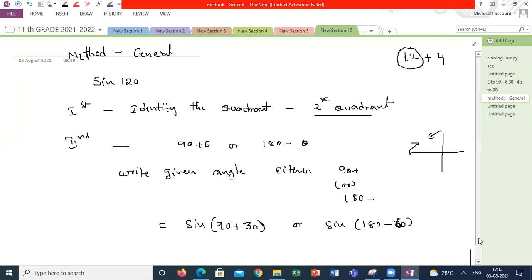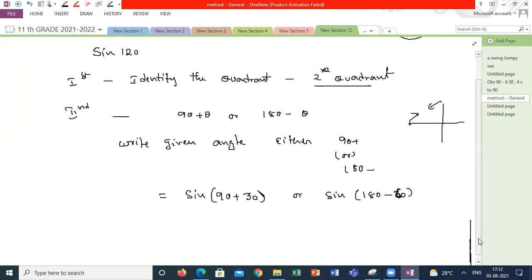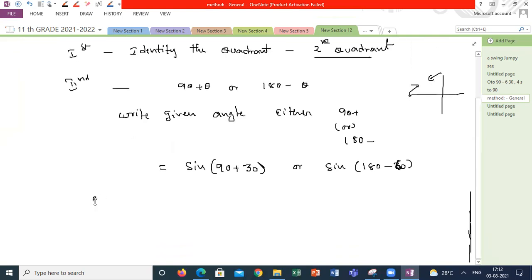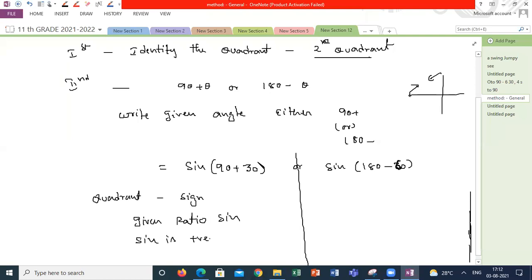So the next step: there are two things. The quadrant will decide the sign, positive or negative. Here the given ratio is sine, and sine is positive in the second quadrant.